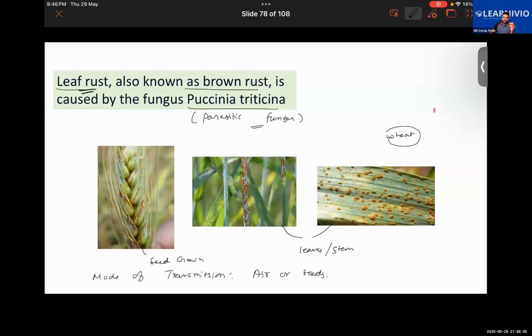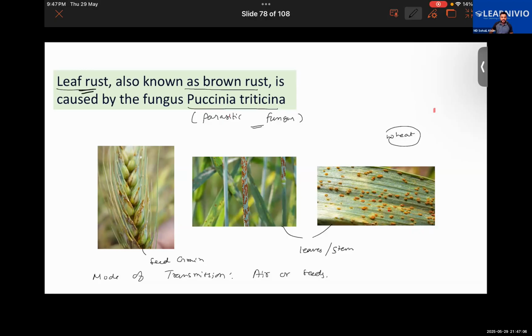Now the question is: how is wheat rust bad for the plant? How is it detrimental to the wheat plants? It is going to reduce the yield of the plant, right? The output, sir.